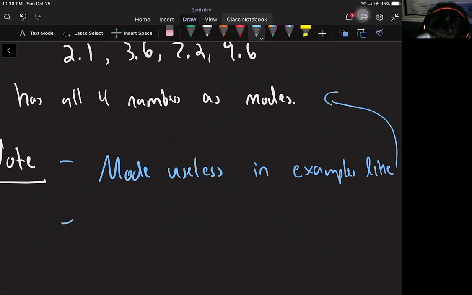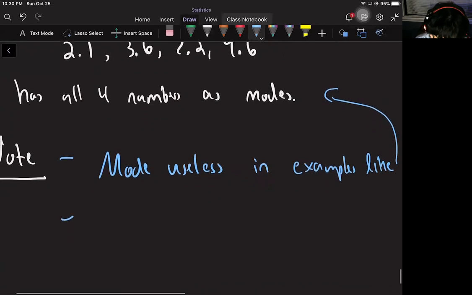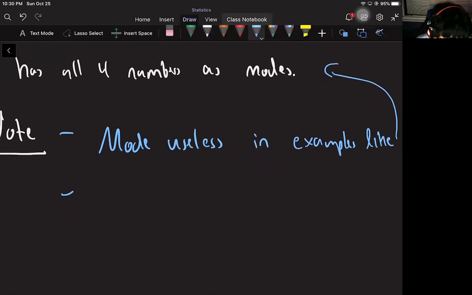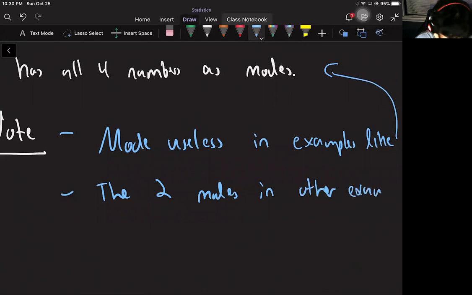It doesn't summarize the data for you. It doesn't tell you what a typical number looks like in a faster way. But on the other hand, the 2 modes in the other example are both very good representations.